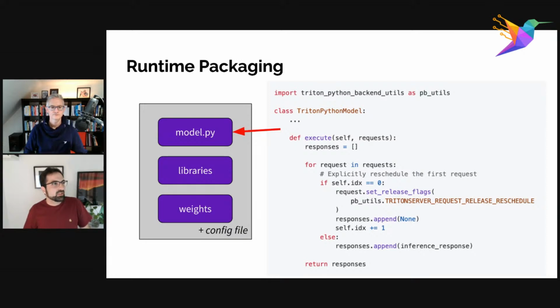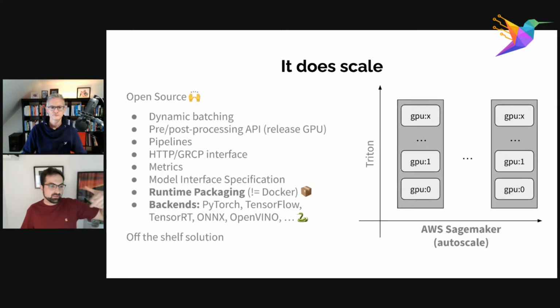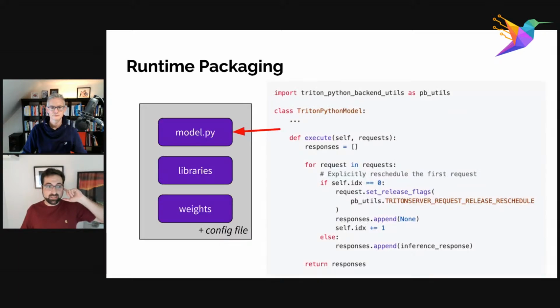So I'm going to focus a little bit on the runtime packaging and on what that means. Runtime packaging is, as I said, basically your Python code that you'll have to wrap with a given Python library, the Triton Python backend in this case.